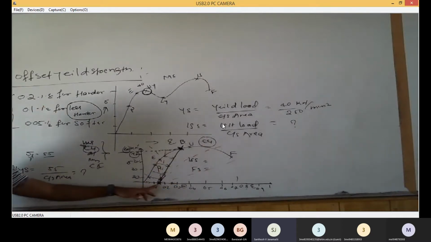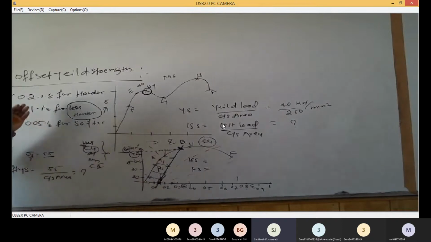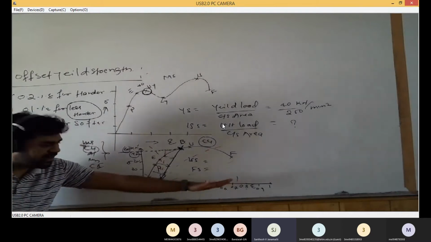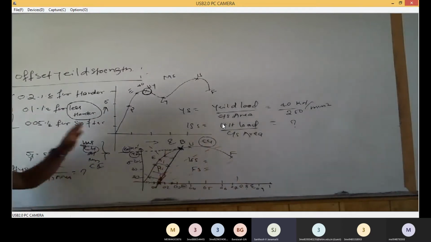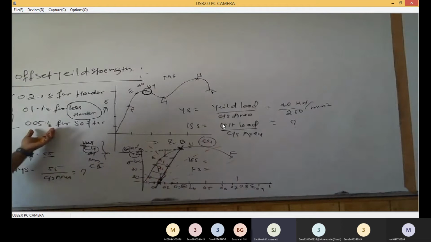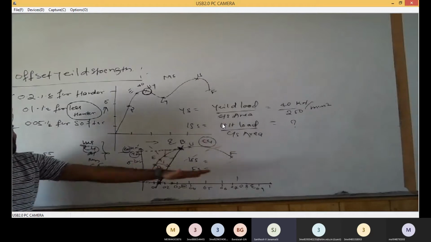Maybe it appears approximately here. If your material belongs to a less hard material, you can take 1% of your total strain and note it down. Or if your material belongs to a softer material, in that case you can take 0.05% of your total strain.